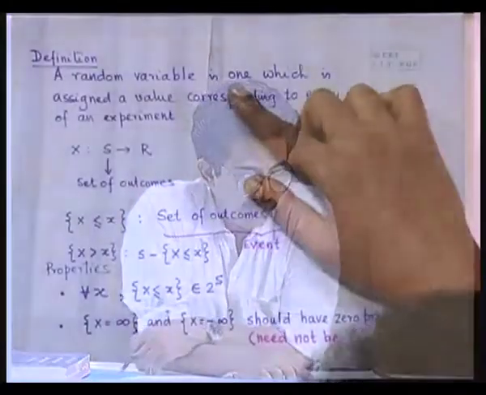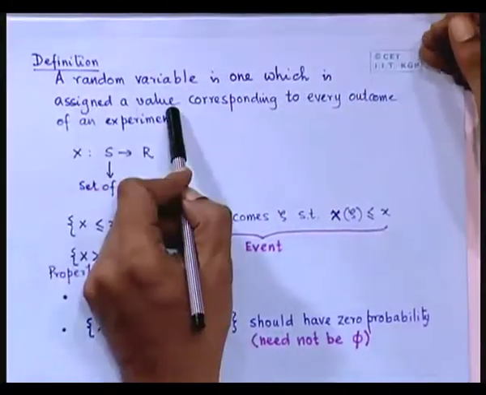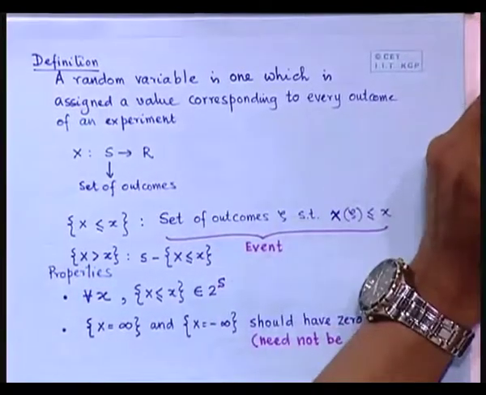Now once I define this function, I can start talking about the probability of your getting a certain amount of money. So, we need not always directly speak in terms of the outcomes, but in general we should speak in terms of functions of outcomes. That is the basis of having a random variable. So, a random variable is nothing but a variable which is assigned a value corresponding to every outcome.